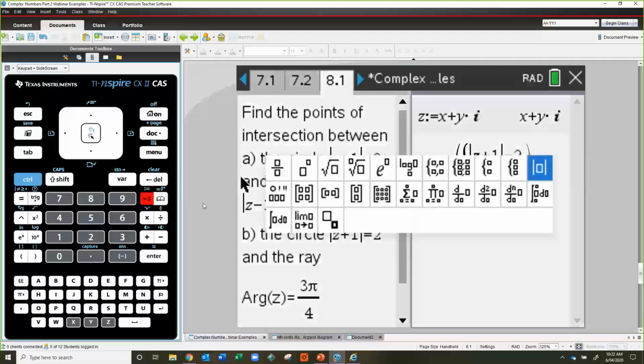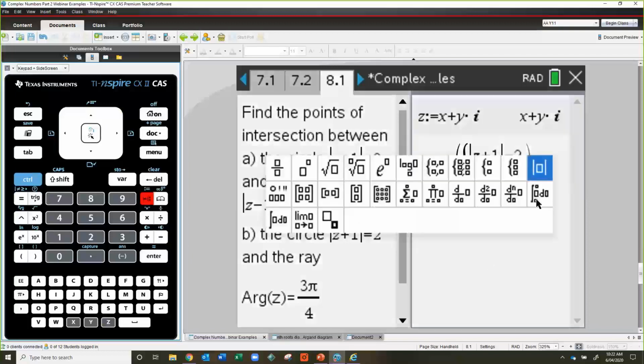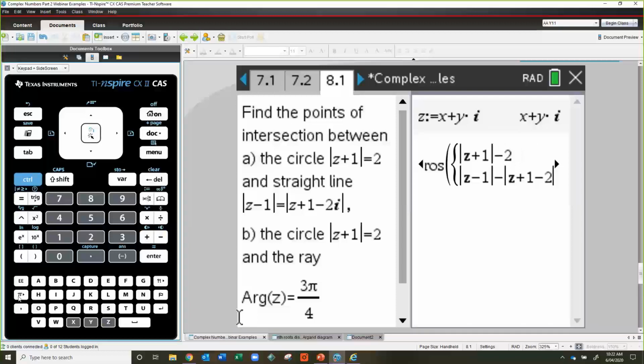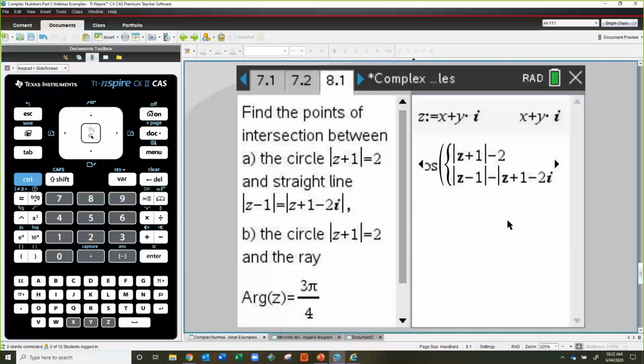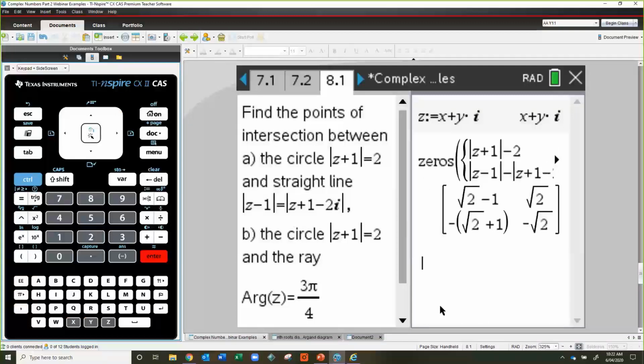My second equation is modulus z minus 1, and I need to put negative, because as I said, it has to be on the left-hand side, modulus z plus 1 minus 2i, and now I can say comma x, comma y. Hopefully we get the answer.